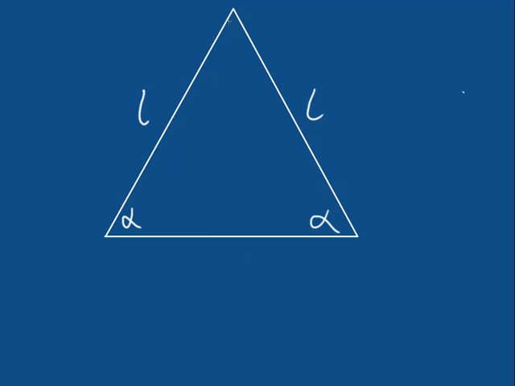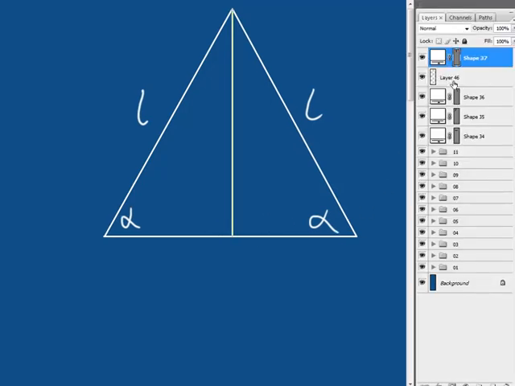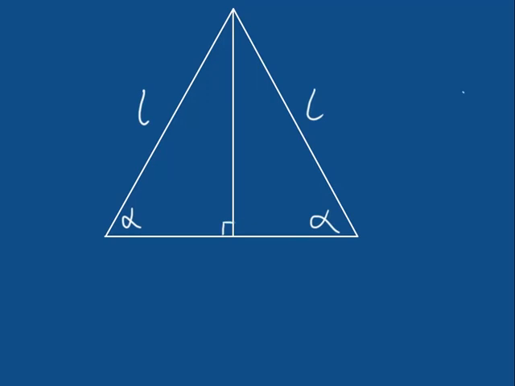But by constructing that median from this top point down to the center of the base, and because we know that that does meet the base at a right angle, we have now changed our isosceles triangle into two right-angled triangles. And we can label the new edge, the median that we've created, as h, standing for height.